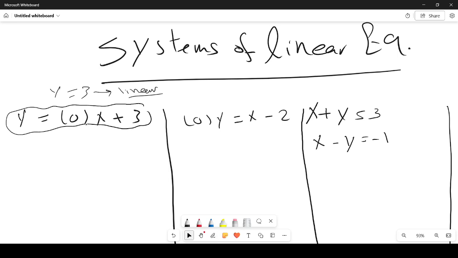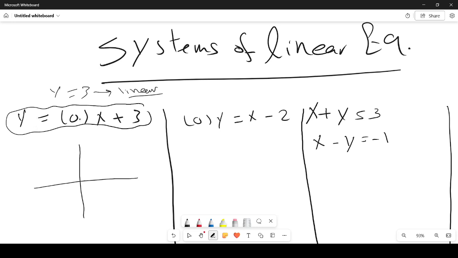If we want to graph this equation, we're going to make it really simple here. We just want to know what it means to be a solution of a linear equation.